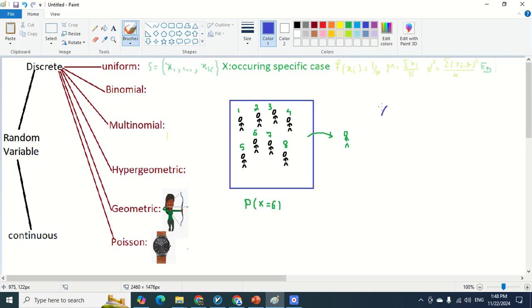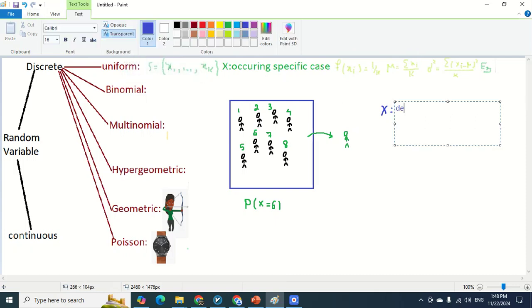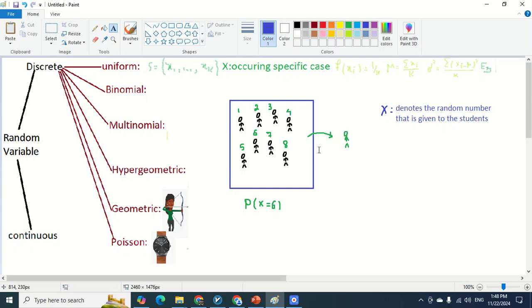If X denotes the random number that is given to the students of that classroom, then I'm looking for the probability of X equal to 6. Over here, because all the probability is uniformly divided among the students, the value of that will be 1 over 8.